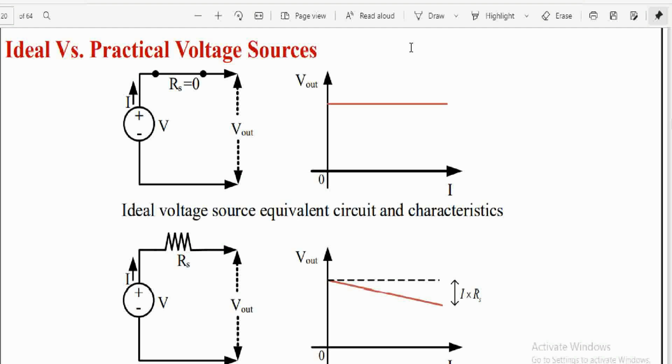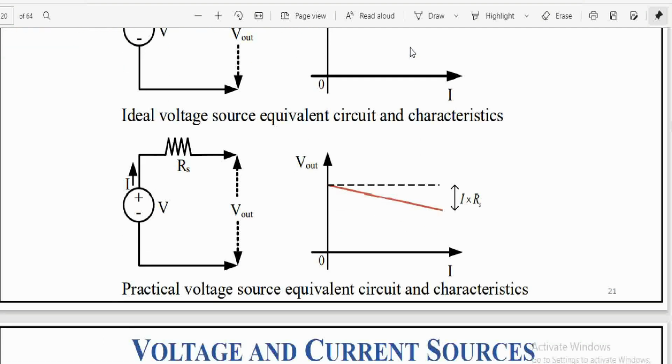If the internal resistance is 0, whatever voltage is present in the voltage source, the same voltage appears in this section. It means that Vout is always equal to V.